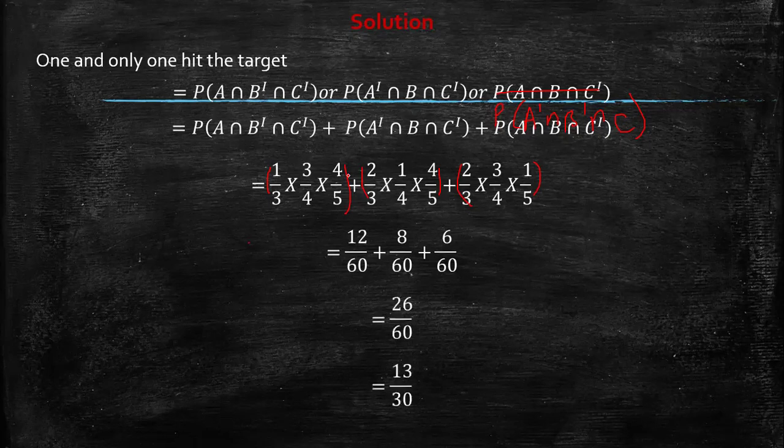And that can be reduced to 13 out of 30 when we divide each item here by 2. So by 2 is 30, by 2 is 13. So we end up with 13 out of 30 as the probability of a monkey being hit by only one and only one bullet.